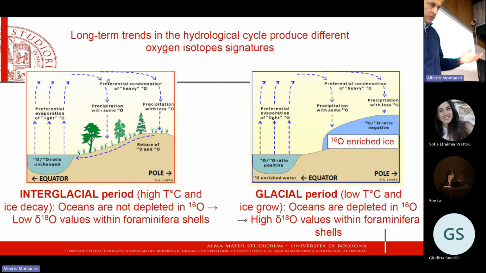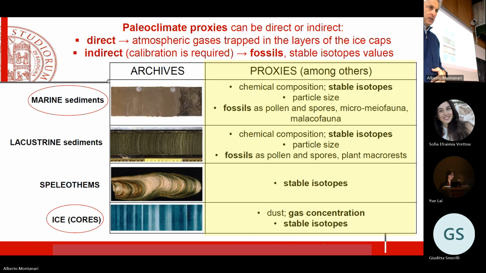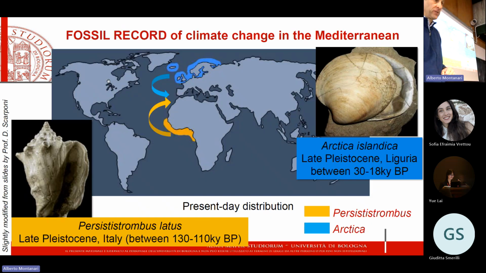Good. We already discussed this figure, and let's try to look at other examples of proxy data. Another information that is widely used is the distribution of living organisms in the sea, the current distribution, and the distribution that we can retrieve from inspection of fossils.